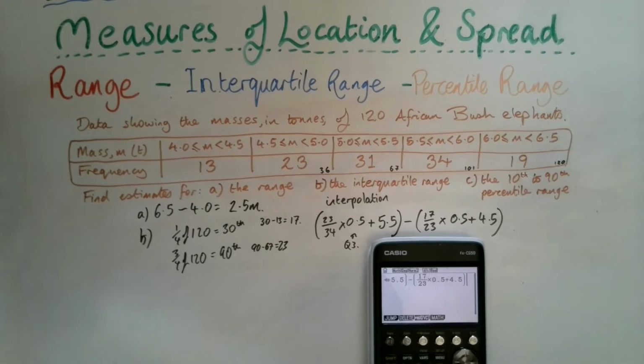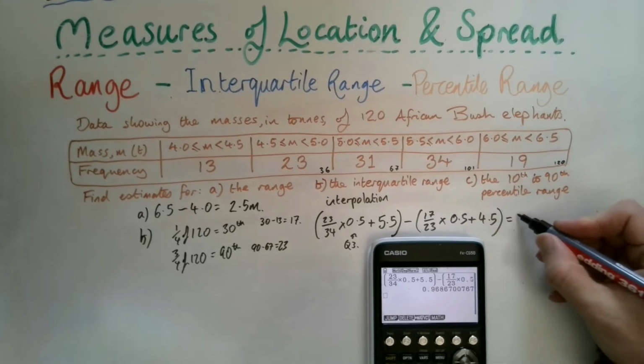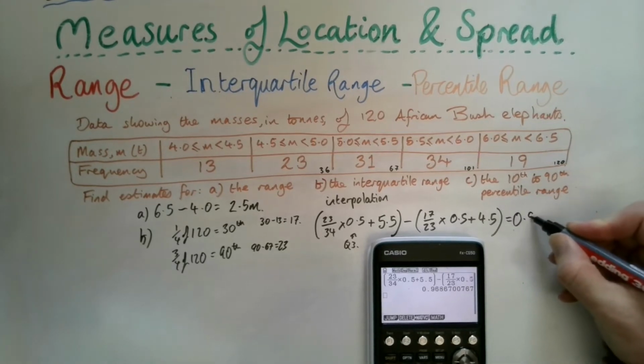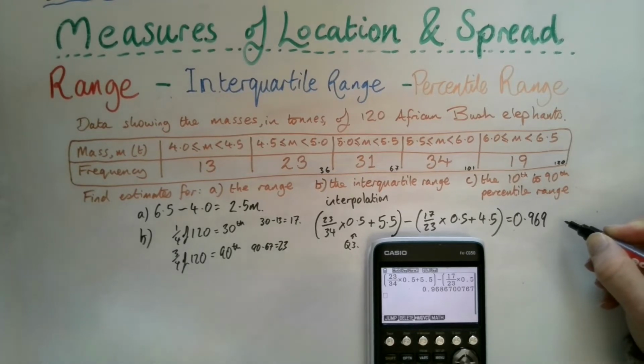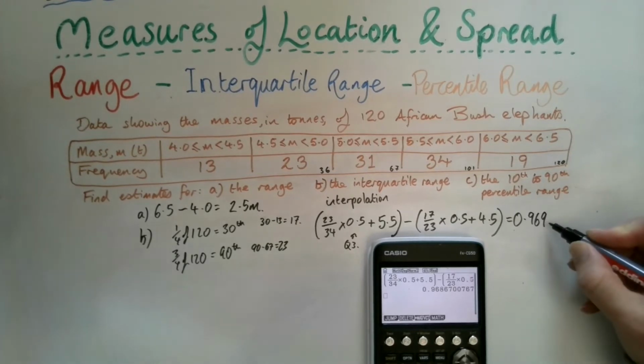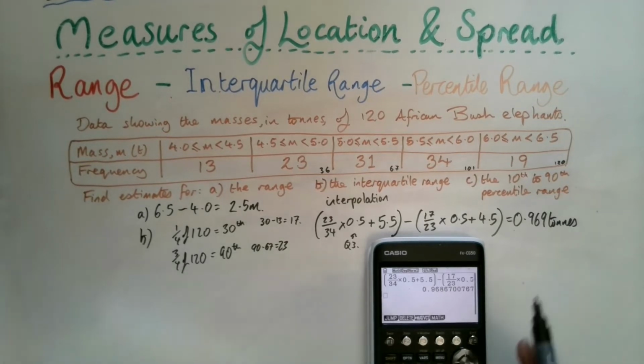Press equals, and I get 0.9, so to 3 significant figures, that would be 0.969. And what are our units? That's tons, isn't it? So they're varying by almost a ton from the lowest quarter to the highest quarter.